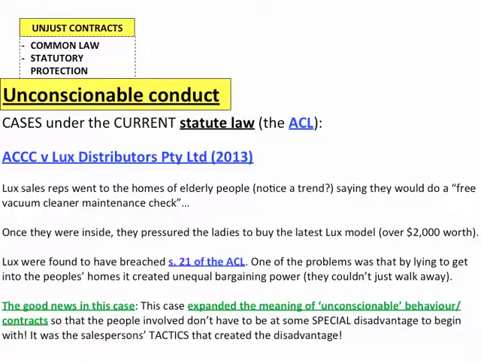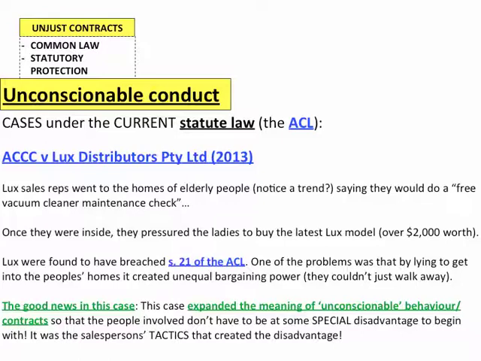Someone who could walk away when they are at the shops, or walk very slowly away if they're old, couldn't walk away when they're in their own house. So the tactic itself created the unconscionable behavior. The disadvantage was created by the behavior of the salesperson.